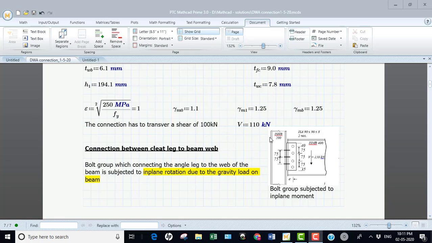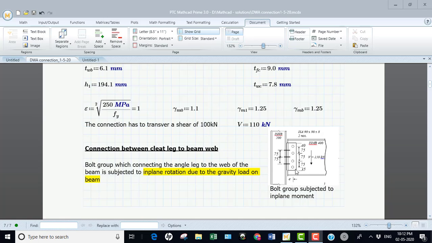The reaction expected at this interface: the beam has to move because of this vertical reaction with respect to the column. The connection is going to resist the reaction of 110 kilonewton. First I'll take the connection between the cleat angle, or web angle, whatever name you use. Here I represent this angle as a cleat angle.